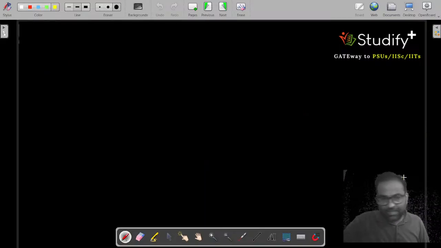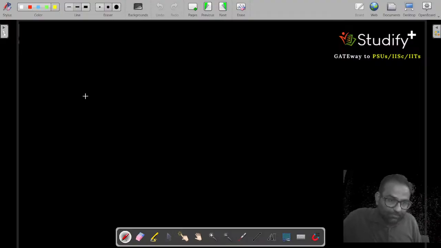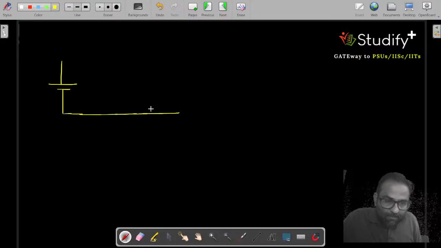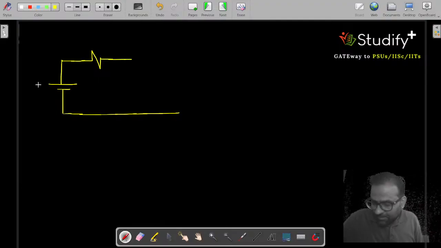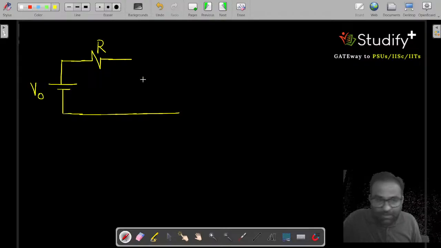Let's take the first example today. We are having one circuit. This is an RC circuit. This is some V naught voltage, this is R. What else is given here?